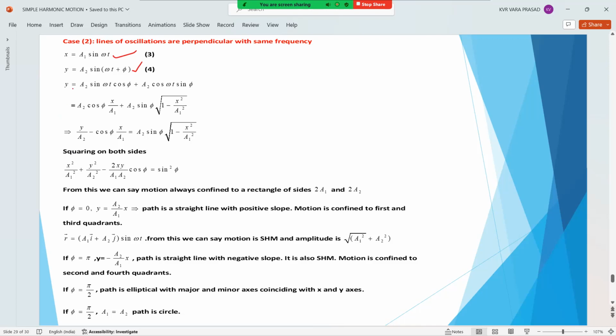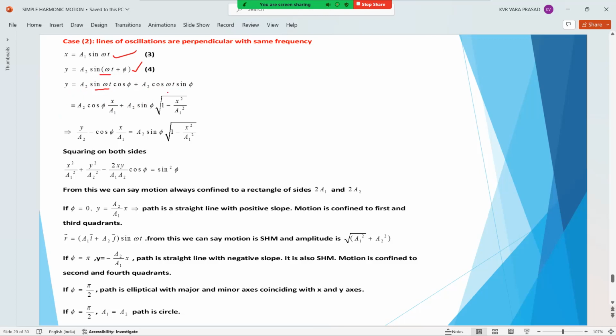So we have taken here y equal to a2, expand this one: sin omega t cos phi, cos omega t sin phi. In the place of sin omega t, write x by a1 from equation 3.